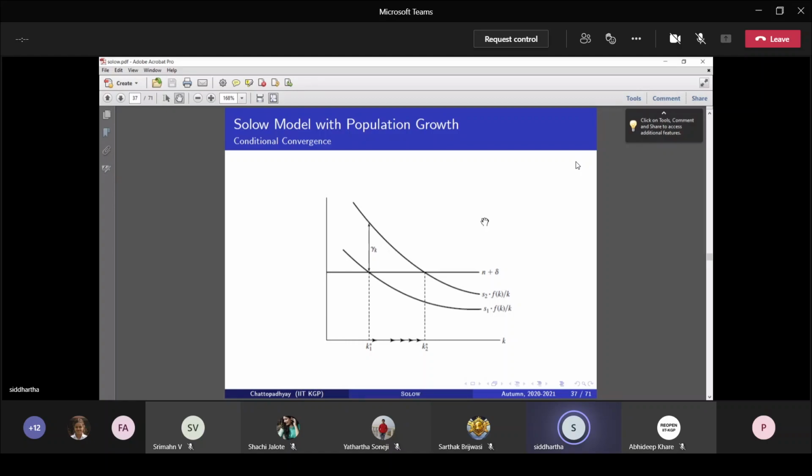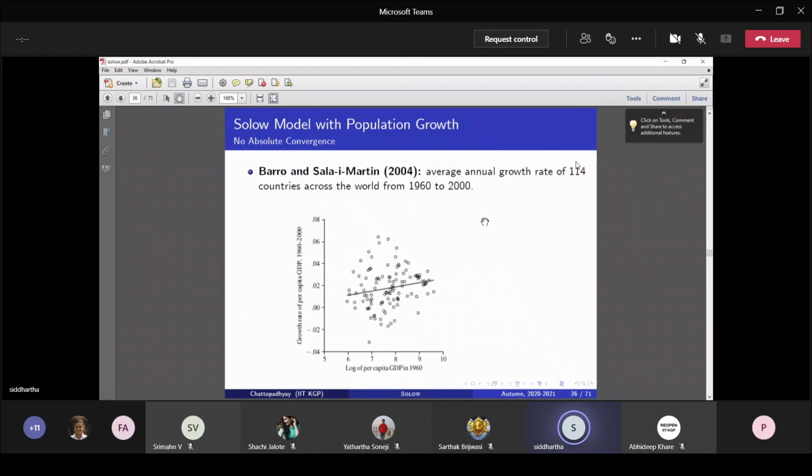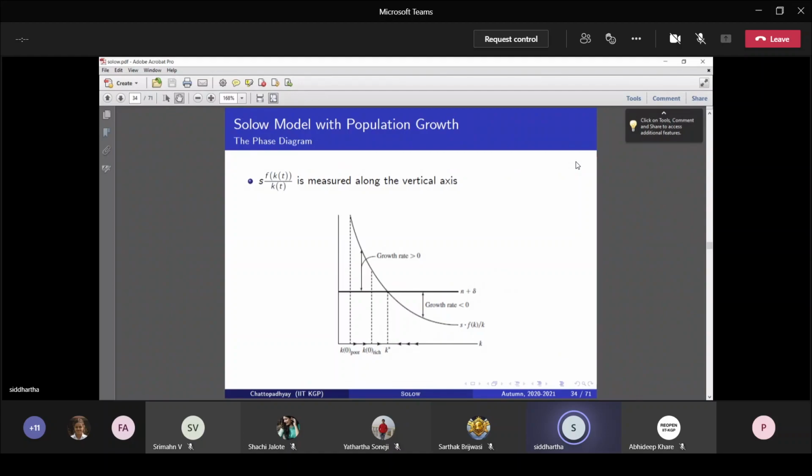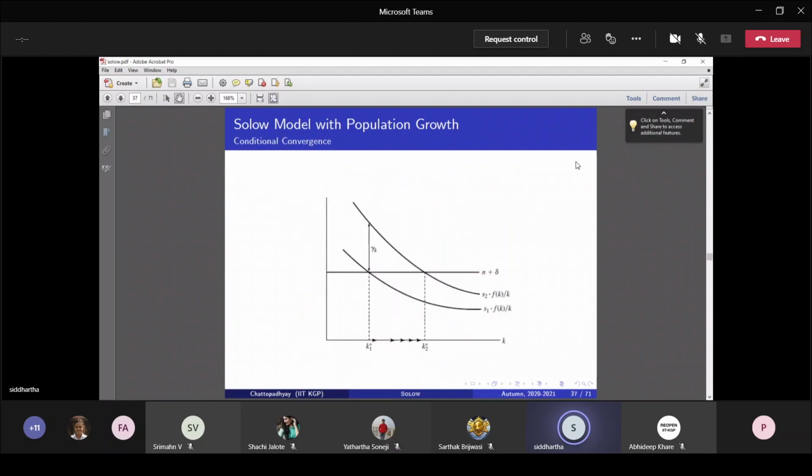That particular prediction that the poor country should grow at a higher rate than the rich country has a particular assumption that both countries have an identical steady state. You see over here, they assume that the poor country and the rich country have an identical steady state, which is denoted by the capital stock k star. As a result, we get the poor country growing at a higher rate compared to the rich country. But in this figure, that does not apply.